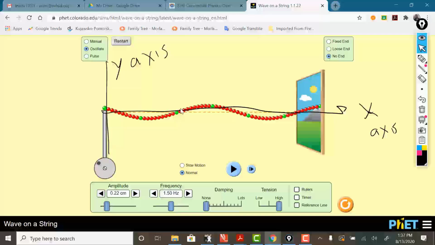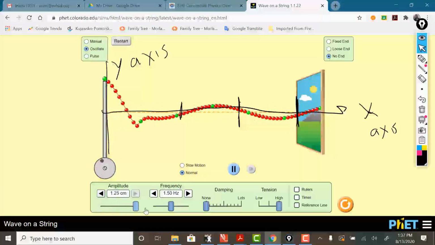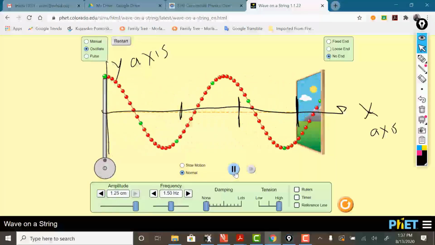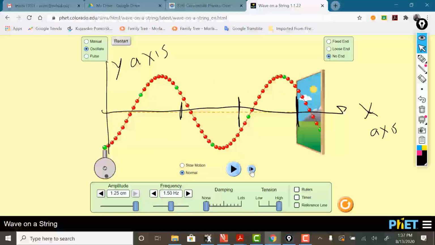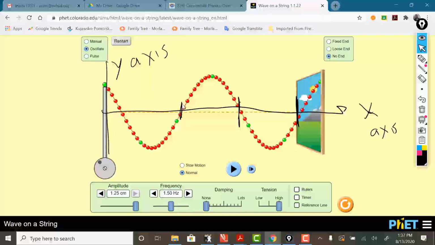See, there's a point right here where it's just on the x-axis and a point right here, right? So even though I may change the amplitude, I'm still hitting those same spots. So the amplitude does not affect how many waves you see, but what it does affect is what?